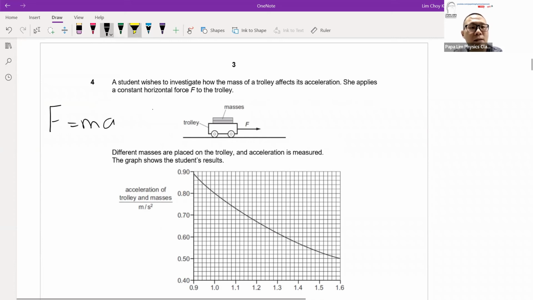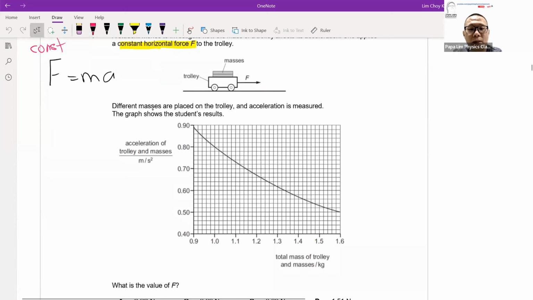The question says that a constant horizontal force is exerted on the particular object here. So the force is constant, being applied onto the trolley, and the mass actually changes. Based on the graph, the mass of the trolley is increasing. As mass increases, the acceleration of the object decreases, based on the graph.